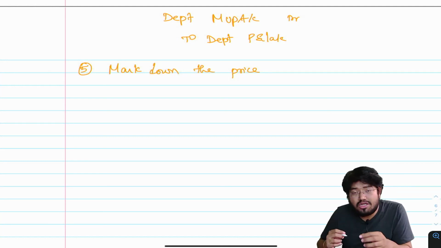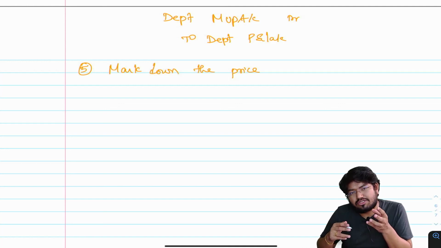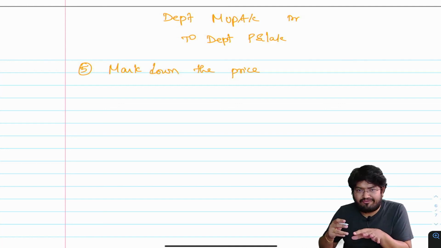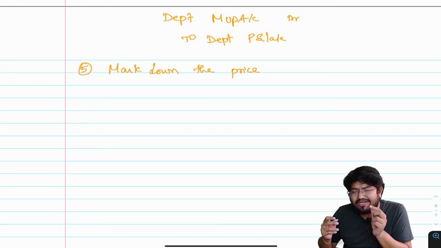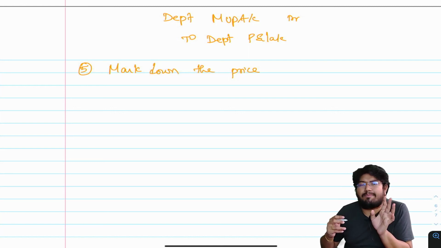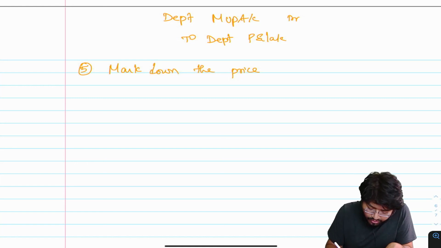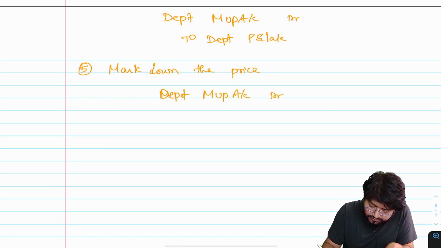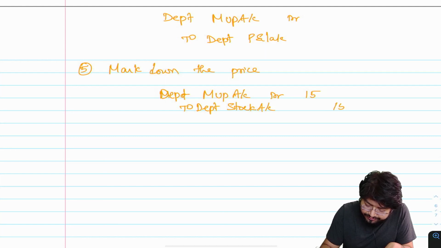You will have to reduce the stock to 135, and the difference of 15 rupees is supposed to be charged to the markup account. So department markup account debit 15 to department stock account 15.